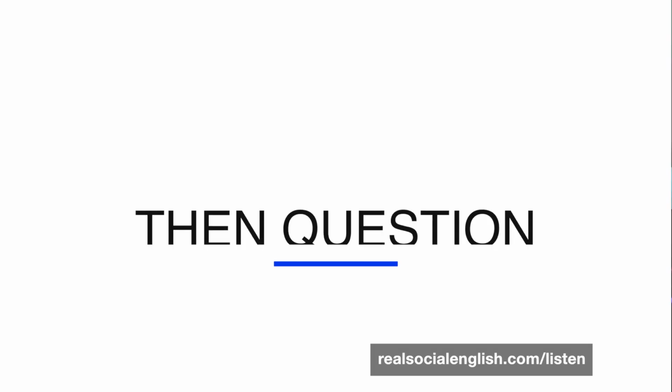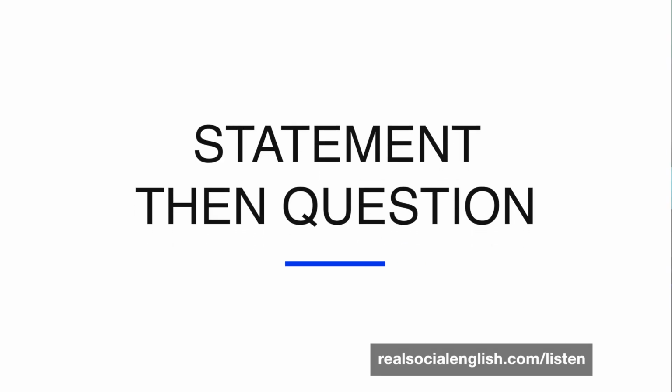This is a way that beginners use this question without knowing they are using part of the Ford method. But the better way is to make a statement first, then ask the question.